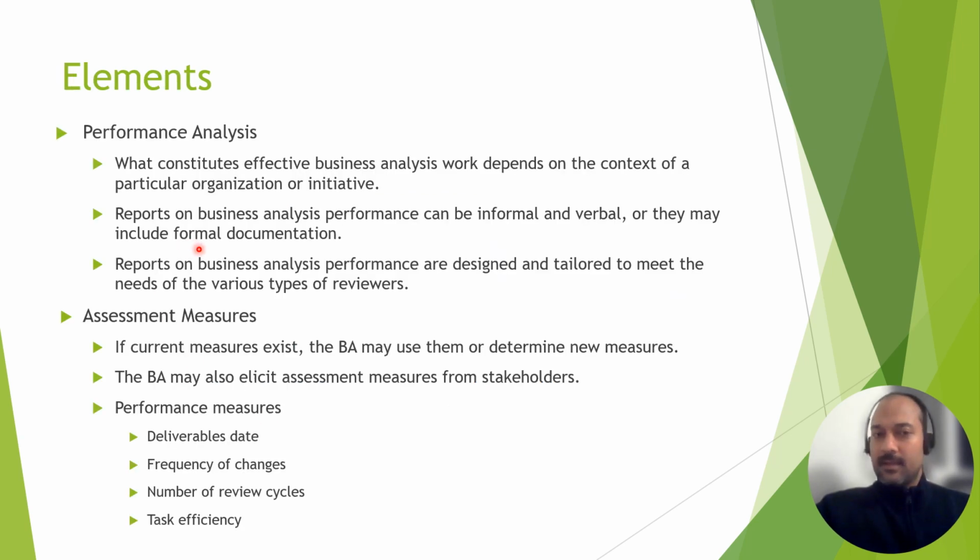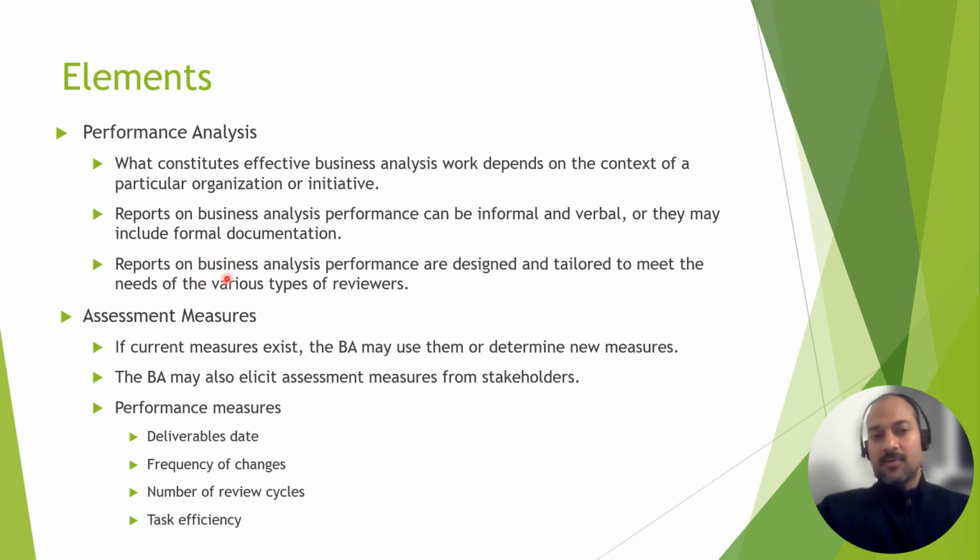The important elements under this activity begin with performance analysis. As I said, we keep going, with this performance analysis done at regular intervals. What constitutes effective business analysis work depends on the context of the particular organization or initiative. Reports on business analysis performance can be informal and verbal, or they may include formal documentation.